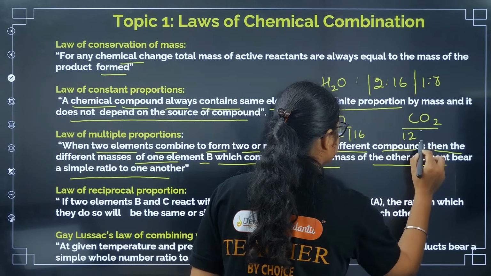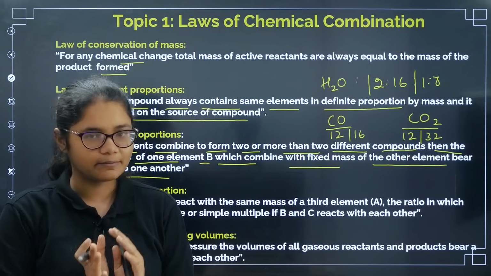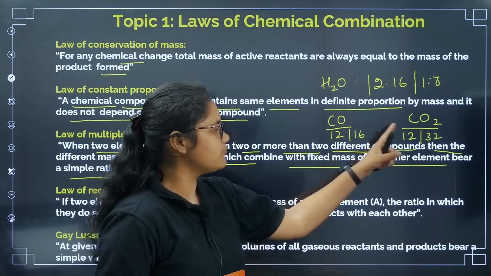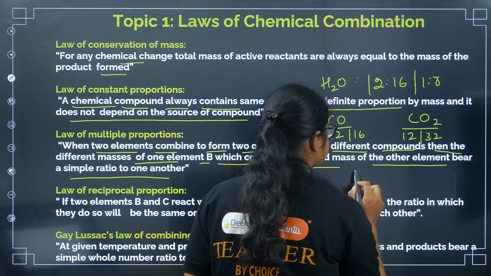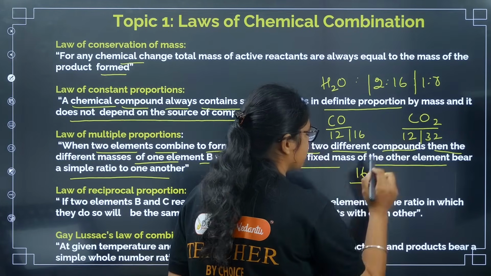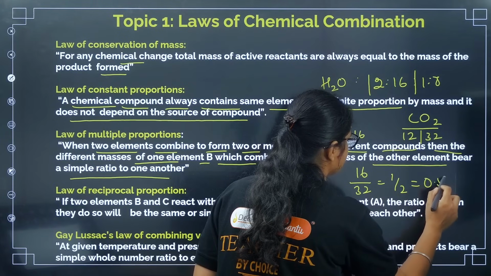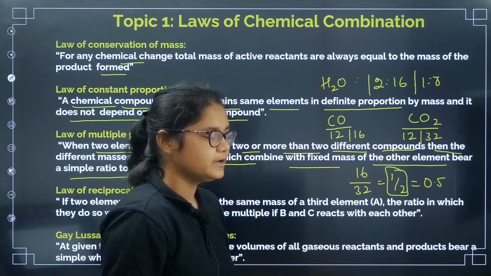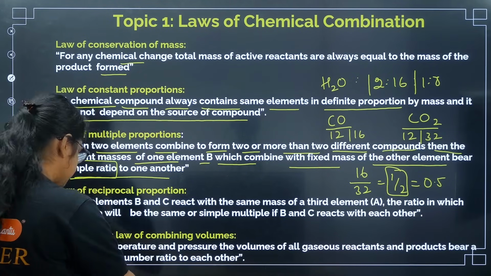In CO2, carbon mass is 12, oxygen mass is 32. So here, which mass is fixed? Carbon mass is fixed. So if you take the ratio of oxygen from both, you get a simple ratio. What is the mass of oxygen in CO? 16. What is the mass of oxygen in CO2? 32. So 16 by 32 gives 0.5. It is a simple ratio.